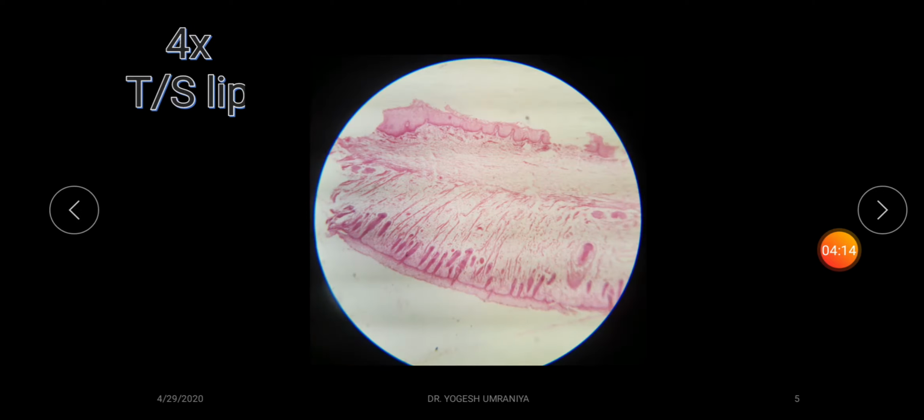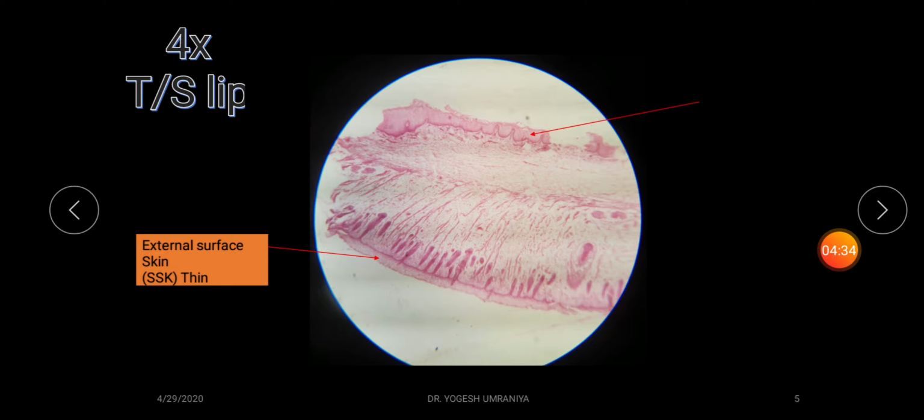Next image, that is the transverse section of the lip under the 4x lens. First you can mark out this thin layer here at the bottom of the image, that is the external surface of the skin having the stratified squamous keratinized type of epithelium.